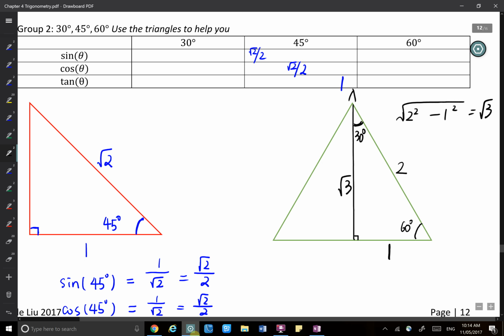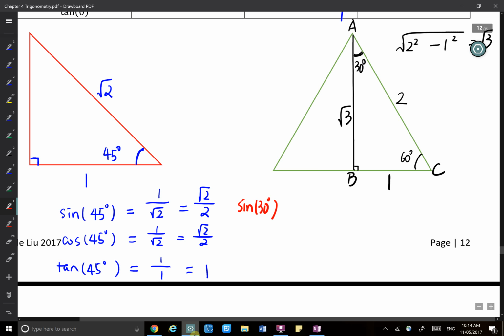Let's say A, B, and C. Just look at the triangle ABC. What is sine 30 degrees equal to? 1 over 2. Okay, 30 is here, which is 1 over 2.